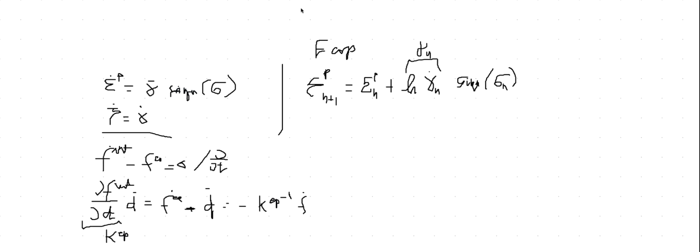Sigma at time Tn, I know it's equal to E times epsilon n minus epsilon n plastic. Then psi n plus 1 is equal to psi n plus gamma n. We call gamma n is h times gamma dot.